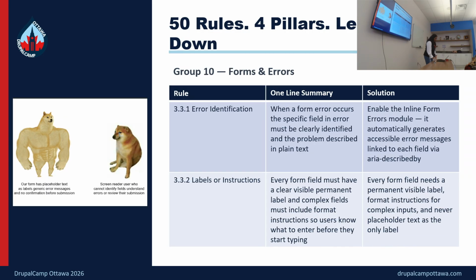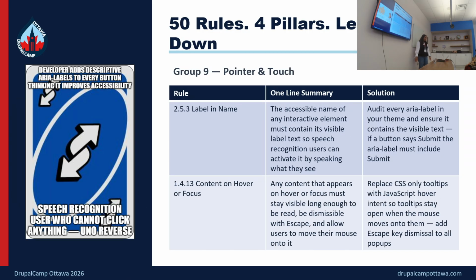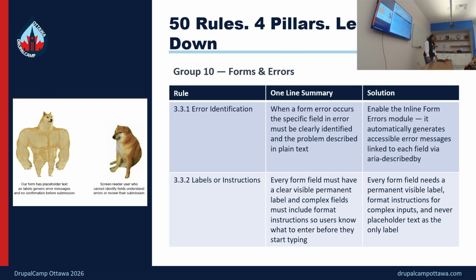Moving on to the next group, that is group 10, forms and errors. The first rule here is 3.3.1, error identification. So when a form error occurs, the specific field in error must clearly identify the problem and describe it in plain text. In this case, let's say we have a date field or email field, and the end user is trying to put in some information, and they're not matching the date format that we're supposed to get into our system, and we're just throwing an error that says "an error occurred."